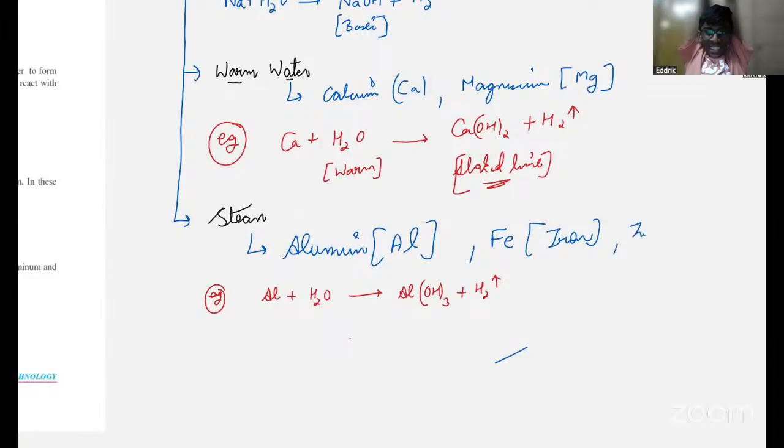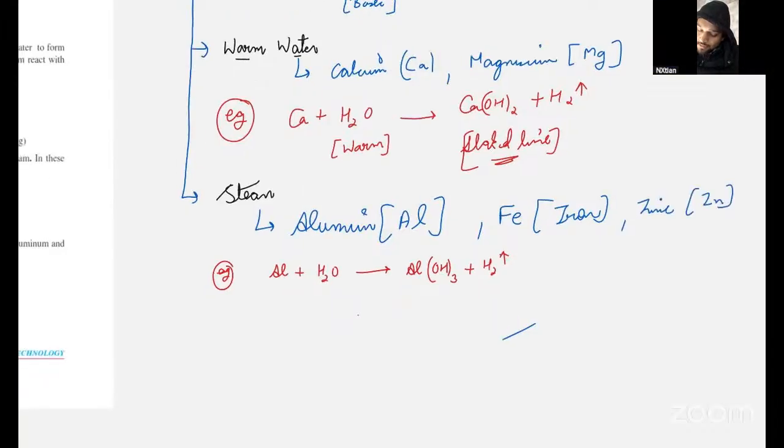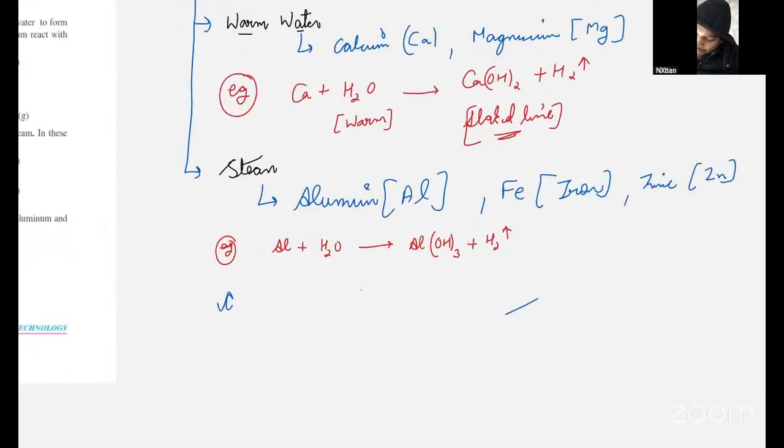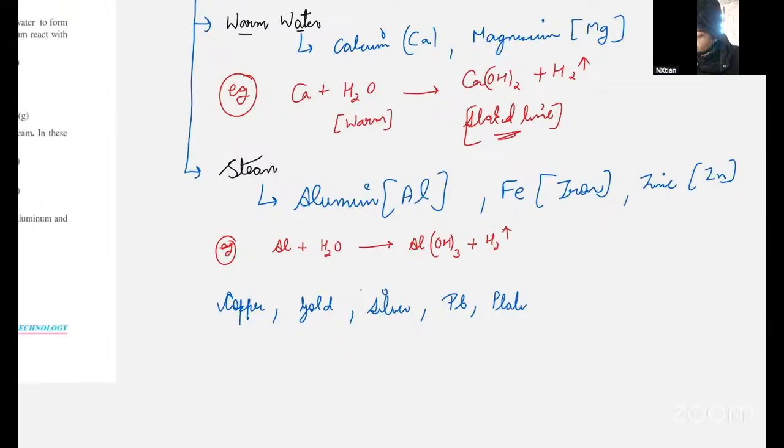Then other elements like copper, gold, silver, lead, and platinum.